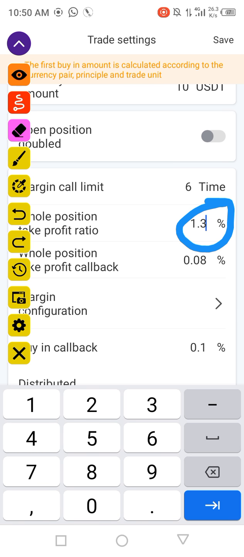What it actually means is that at every given position the robot has taken, whenever the coin gains a profit margin of 1.3 from its purchase, the system will be ready to trigger for sale.